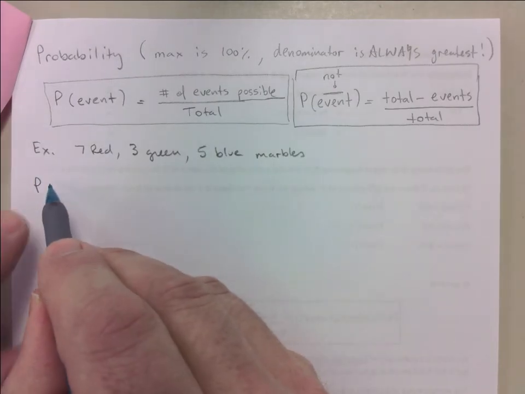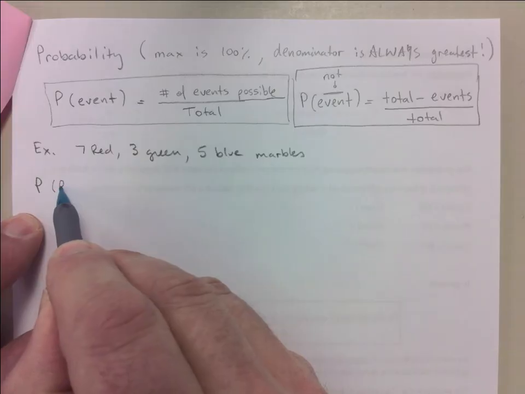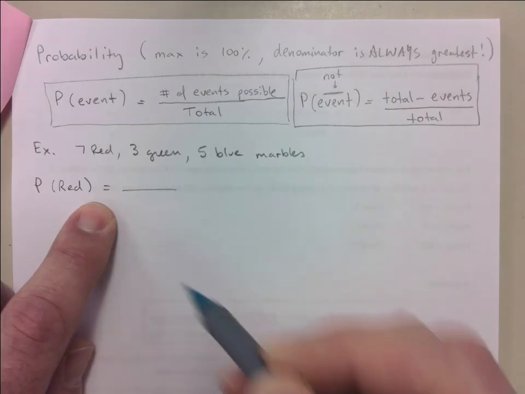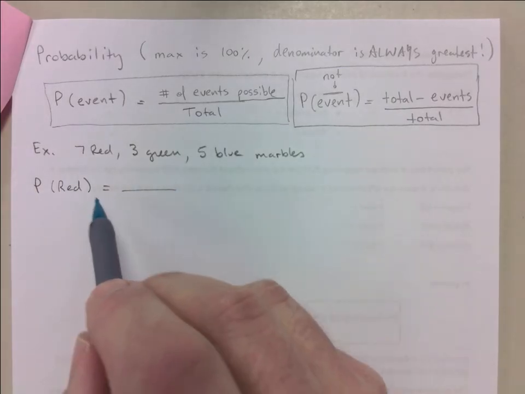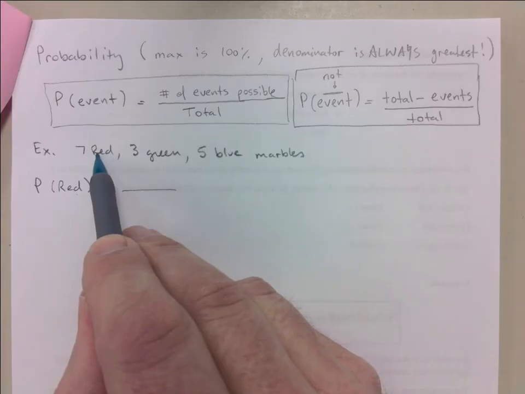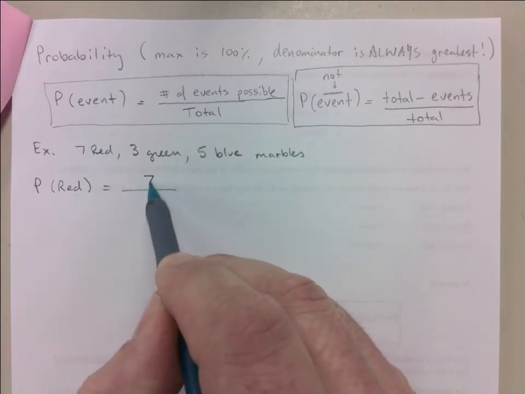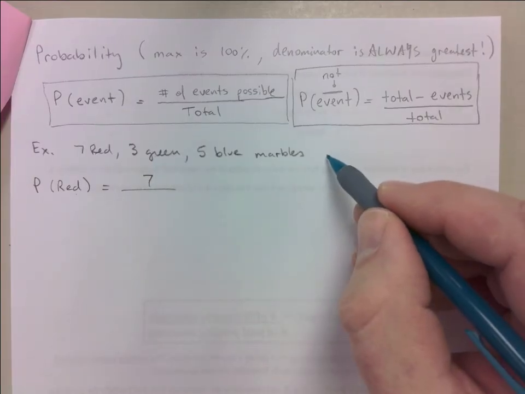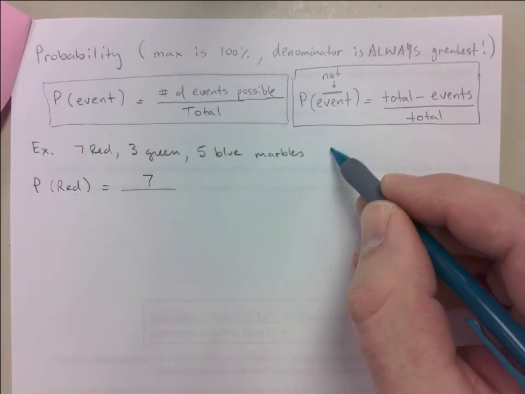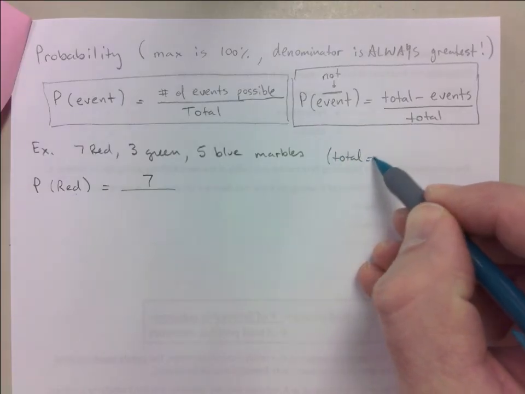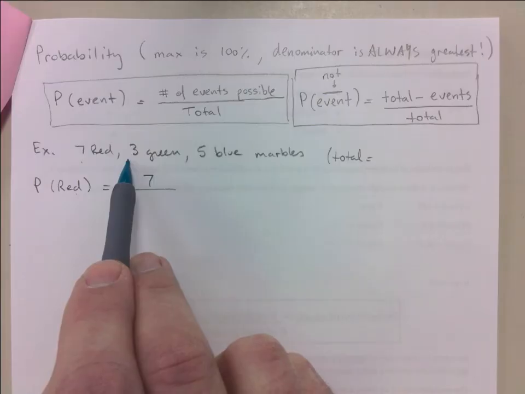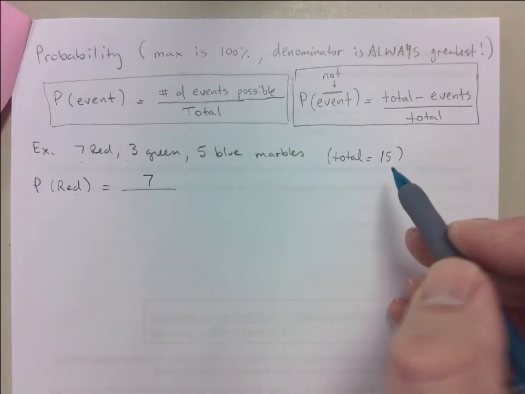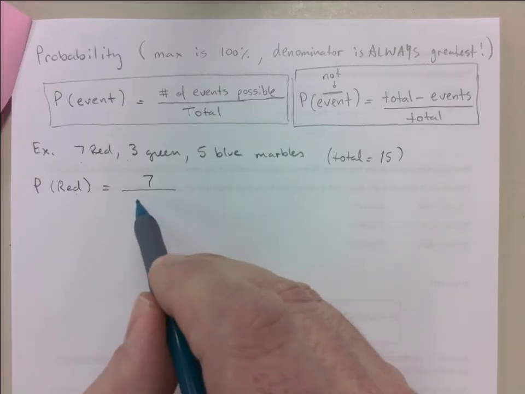If I ask you, what's the probability of drawing a red marble? You should immediately know, oh, there are 7 possible reds, right? Divided by total, right? So immediately I want you to somewhere on that paper figure out the total. 7 and 3 is 10 plus 5 is 15, right? There's 15 in total, so that is imperative for probability.